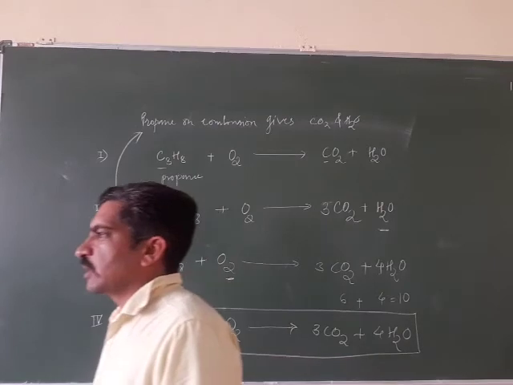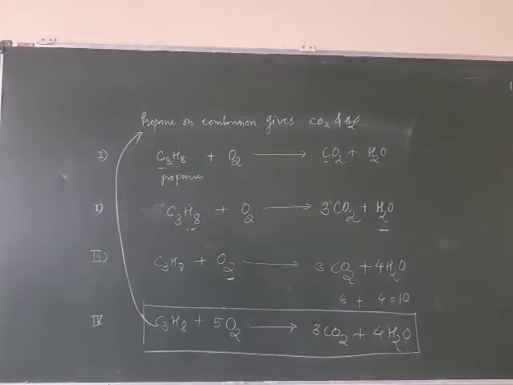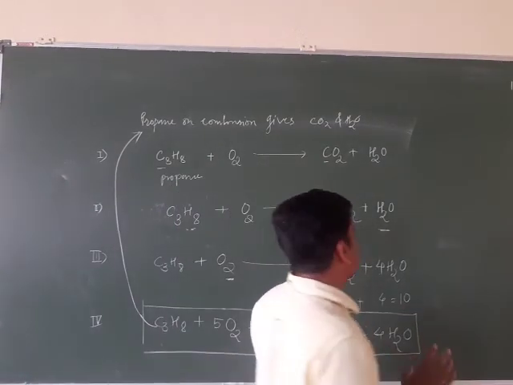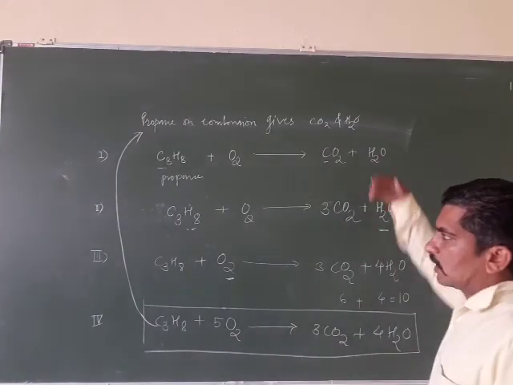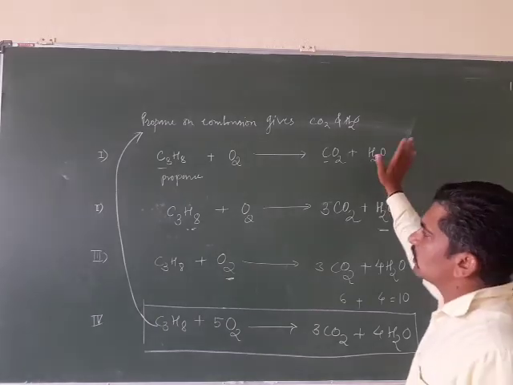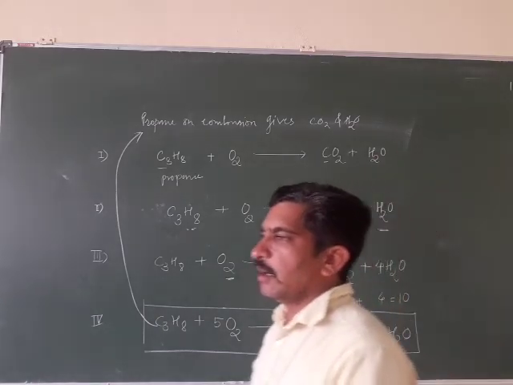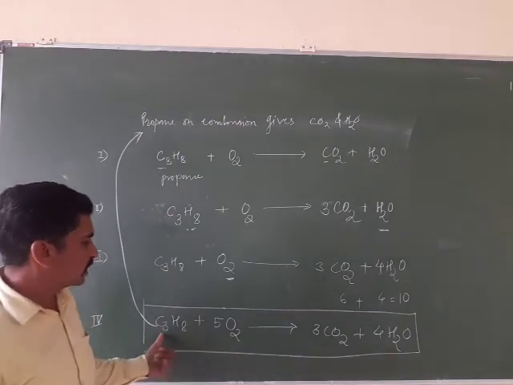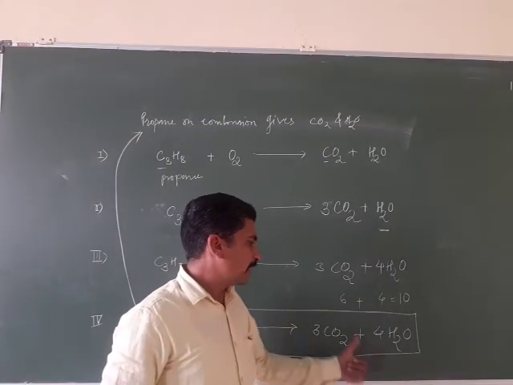Stoichiometric calculation is done only on the balanced chemical equation. An unbalanced or incomplete equation does not give correct measurements, and that's why stoichiometric calculation is done on the balanced chemical equation.